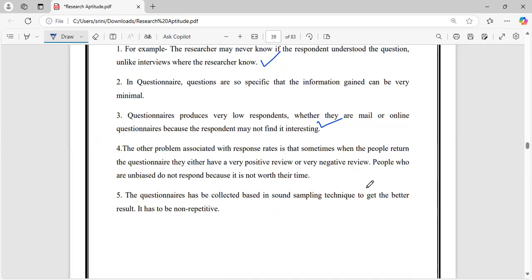The questionnaires have to be collected based on a sound sampling technique to get better results. It is to be non-repetitive. We have to use a sampling technique. Okay, who is the respondent? Whether that respondent is under our study, whether that respondent is considered as a subject. So those we have to consider.